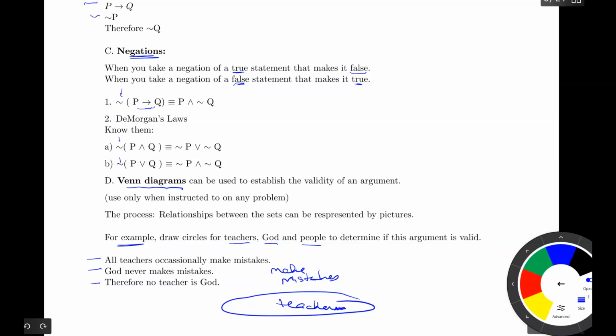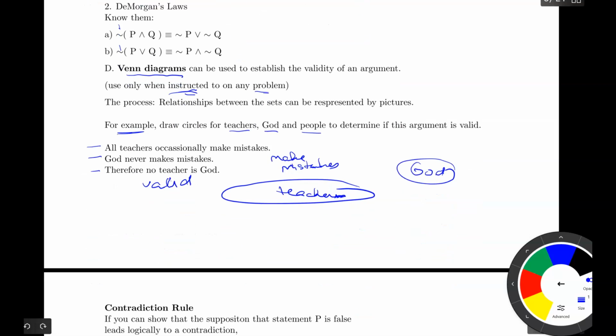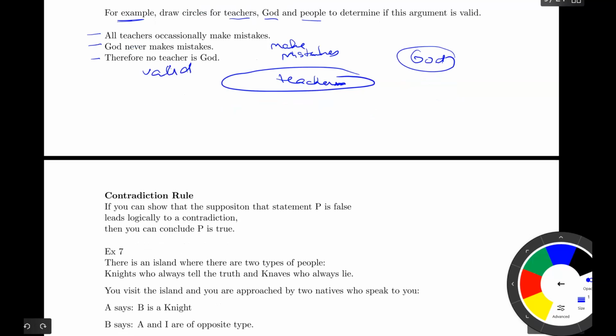Then God never makes mistakes. So God is outside of the make mistakes bubble, right? Therefore, no teacher is a God. Correct. There's no overlap, so it is valid. Again, you will only be instructed to do this on, say, one problem. You can't use it too often, but it can be a way to establish truth or not.